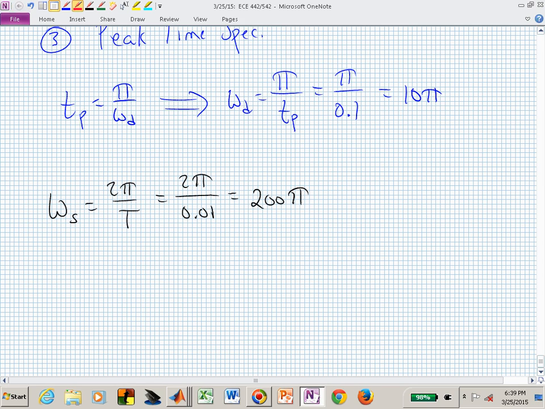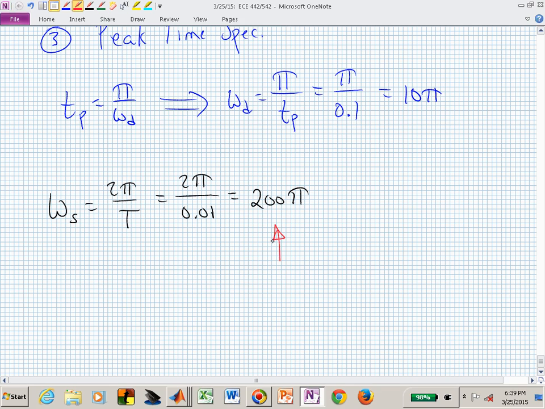We said we might want, for a rule of thumb, to be sampling 30 times our highest frequency. We're sampling 20 times our highest frequency, so we might have wanted to sample a little bit faster than a 0.01 sample period. Is that making any sense?